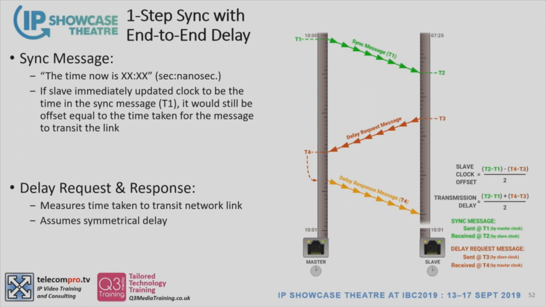Sending it back is a less time-critical message. But once all of those values get to the slave device, it's got enough information from those 4 values to do a bit of algebra. It's very simple maths, and from that it can work out what the offset is from the master clock and how long it took the message to get there, and it can therefore set its clock very accurately.